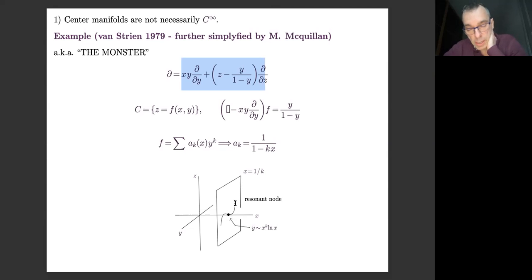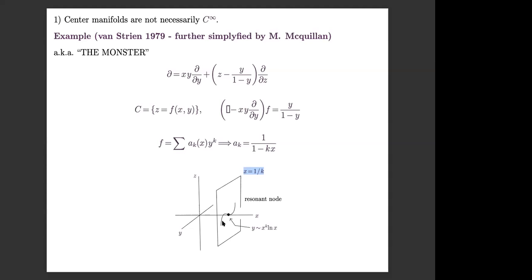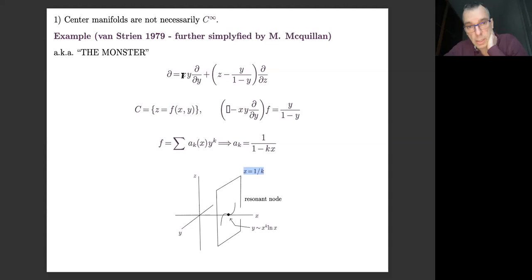Yeah, what happens here is that if we restrict your vector field to the slice given by x equals 1 over k, then you can show that there is an analytic change of coordinates which conjugates locally, at this black point, this vector field to a vector field with a resonant node, for those of you who know this.